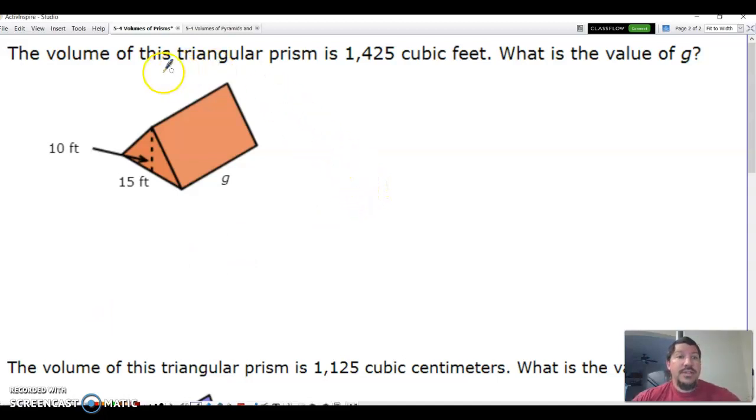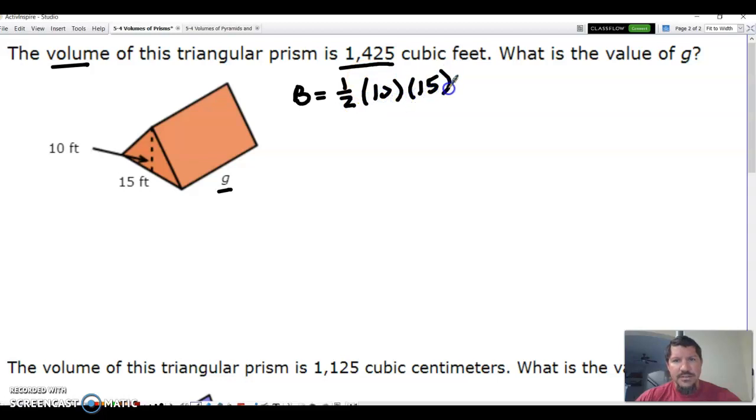Alright, so now they're giving us, in this instance, the volume, and we want to find a part of our prism. Okay, so area of the base, we'll just find that area of the base in this case is half 10 times 15, right? Or half of 10 is 5 times 15 is 75. Alright, so volume, remember, is area of the base times the height.